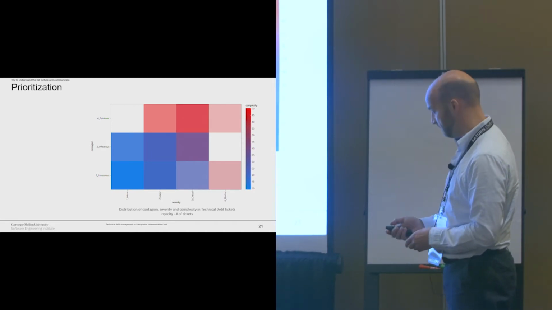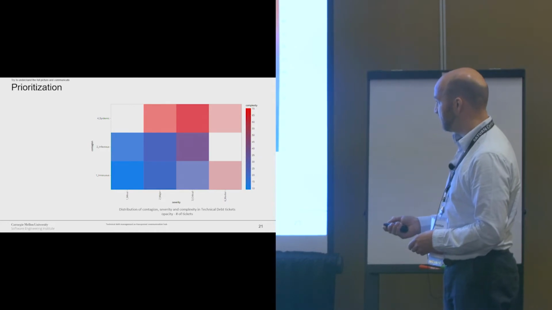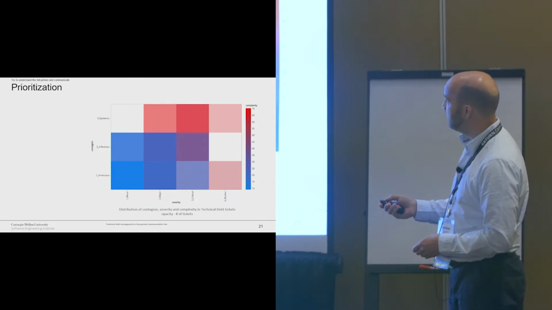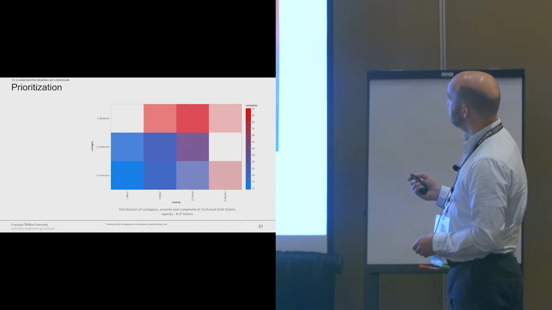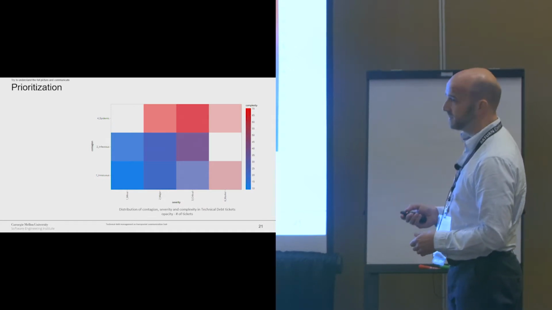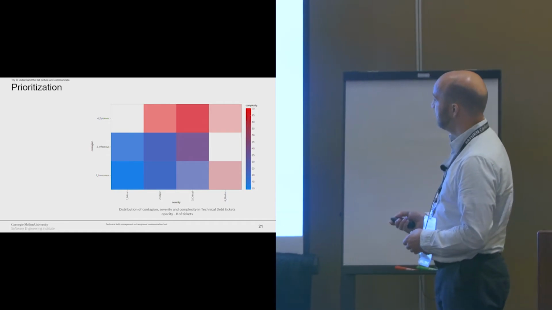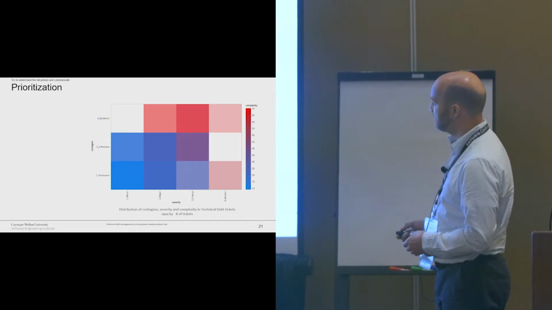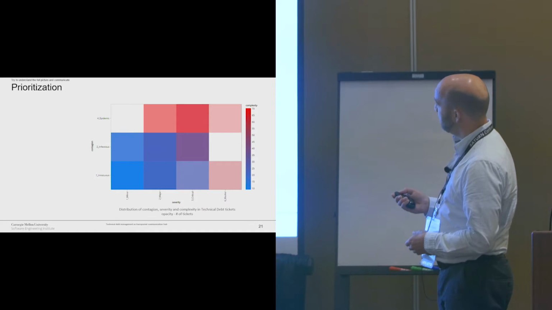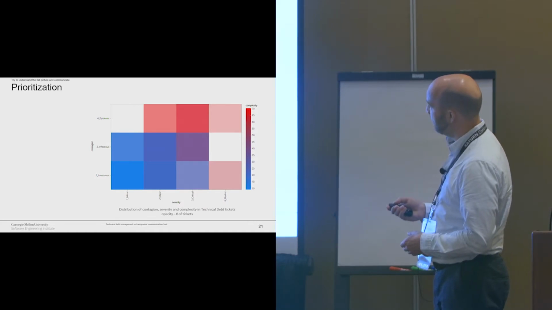This is a heat map showing the severity here, the contagion. The color is the complexity. So the more red it is, the more complex the problem is, and the opacity is the number of tickets. So here, for example, we have 4 tickets. In that area, we have 84 tickets.